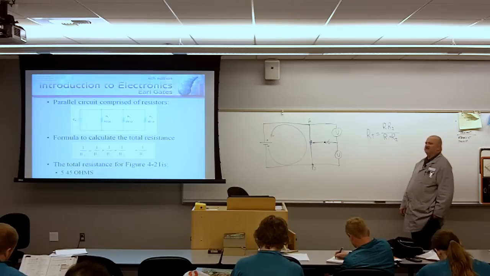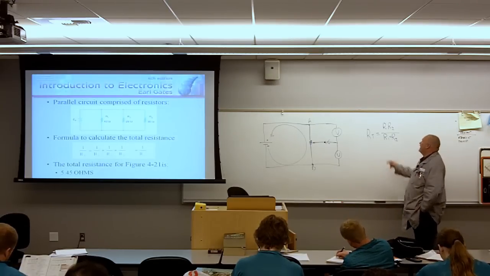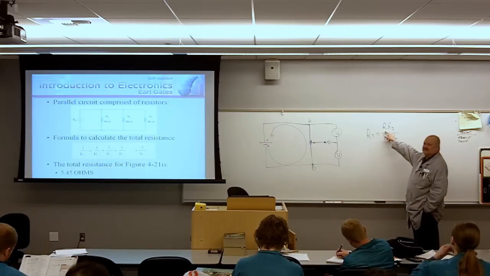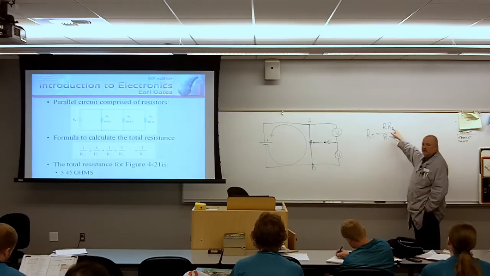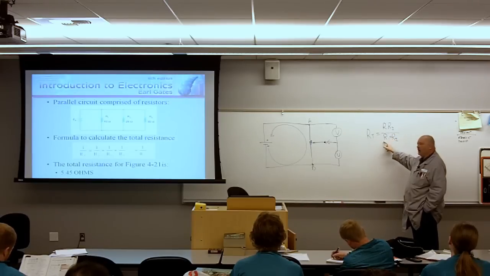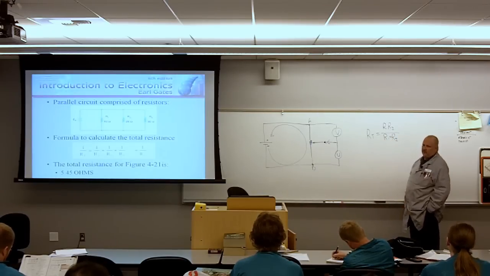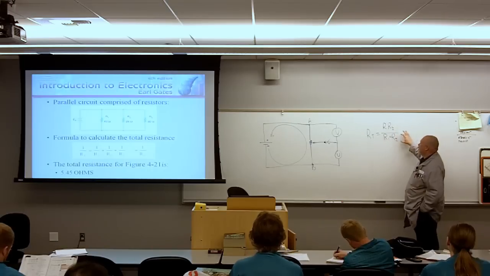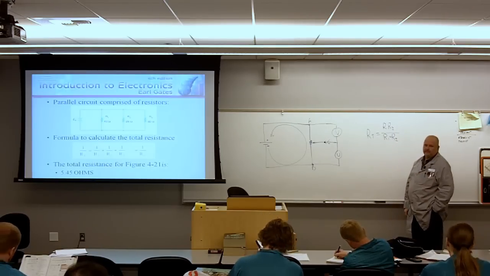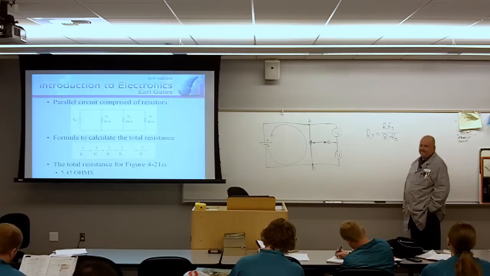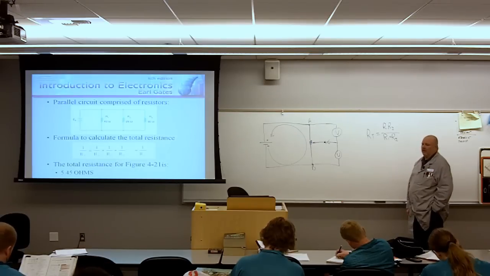So this literally is the product over sum. The product is R1 multiplied by R2, R1 times R2, divided by R1 plus R2, the product over the sum. This works if you only have two resistors in parallel with each other.